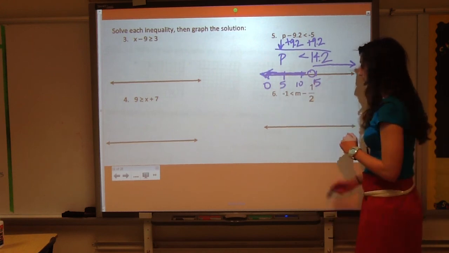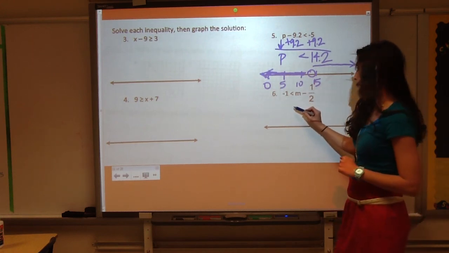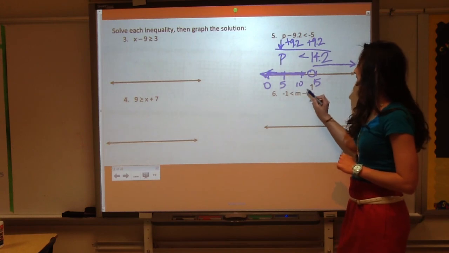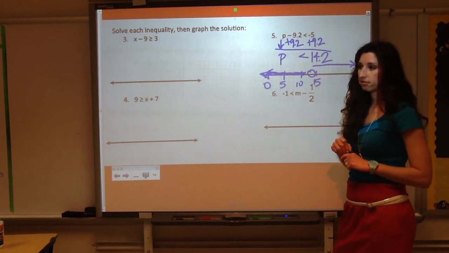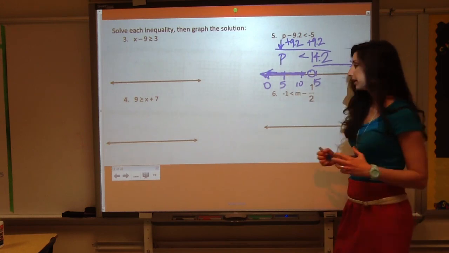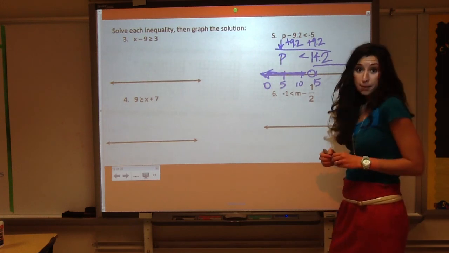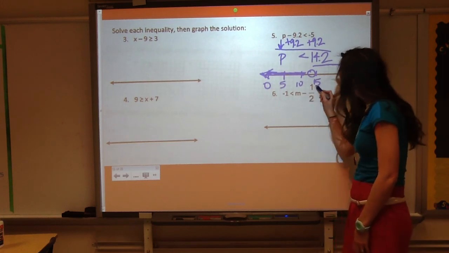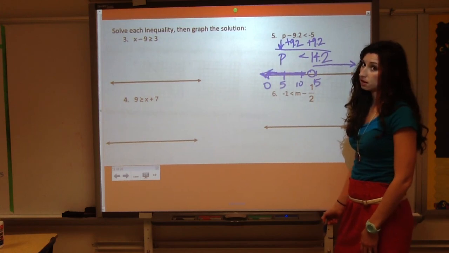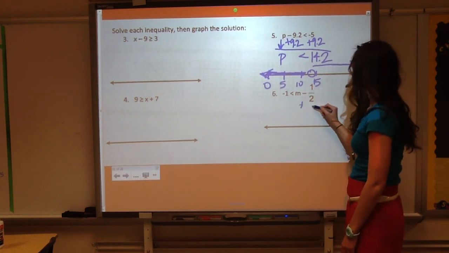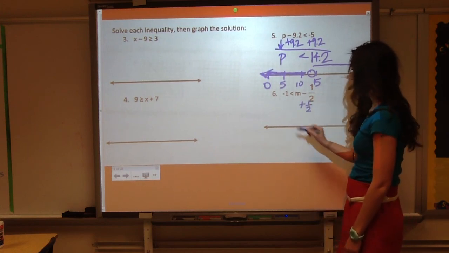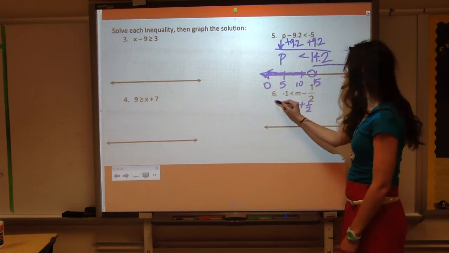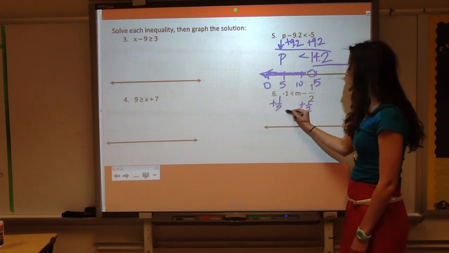Let's try number 6. Don't get concerned about fractions. -1 is less than m minus a half. How am I going to get m by itself? I have to do the opposite. So if it says I'm subtracting a half, what is the opposite of subtraction? Add. I'm going to add a half, which means I'm coming to the left side, and I'm adding 1/2.